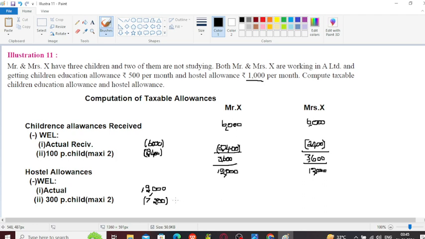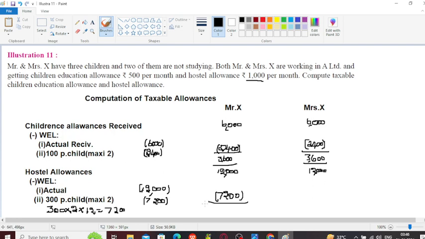Here the 7200 is the least of them, so 7200 will be deductible from 12,000. How was 7200 arrived at? It is nothing but 300 per child, maximum allowed for two children, and for 12 months, that is 7200.